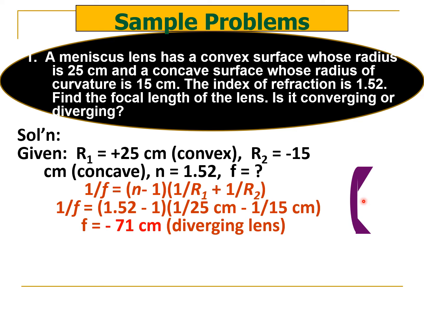Therefore, our interpretation of the focal length, since it's negative, that it's a diverging lens, also agrees with our sketch for this kind of lens.